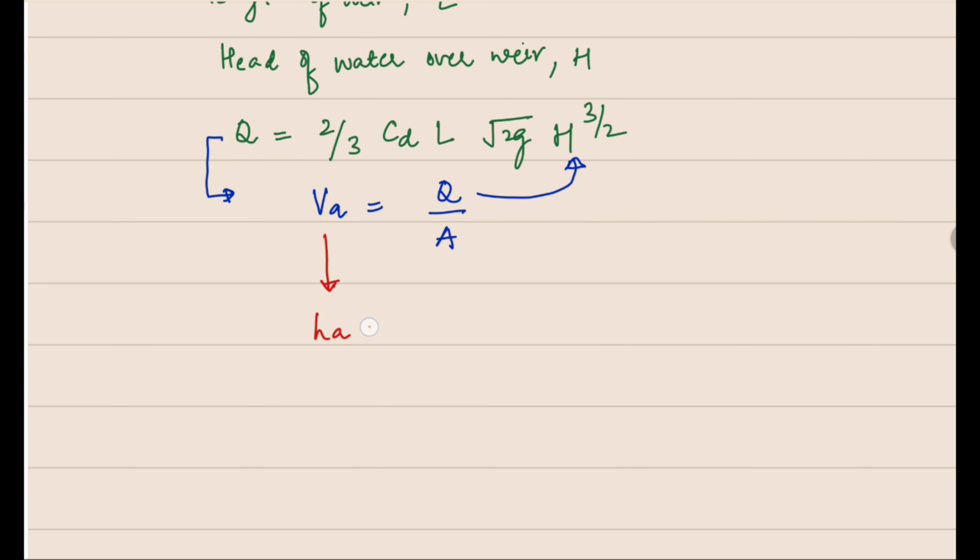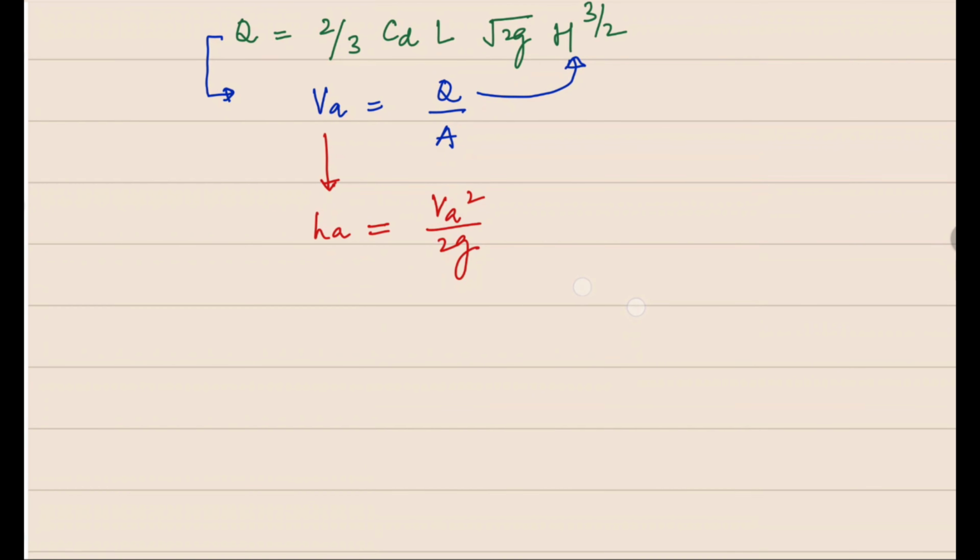So the head we will find by using VA square by 2G. Now we've got the VA value as well as the HA value. Now both things are available to us.